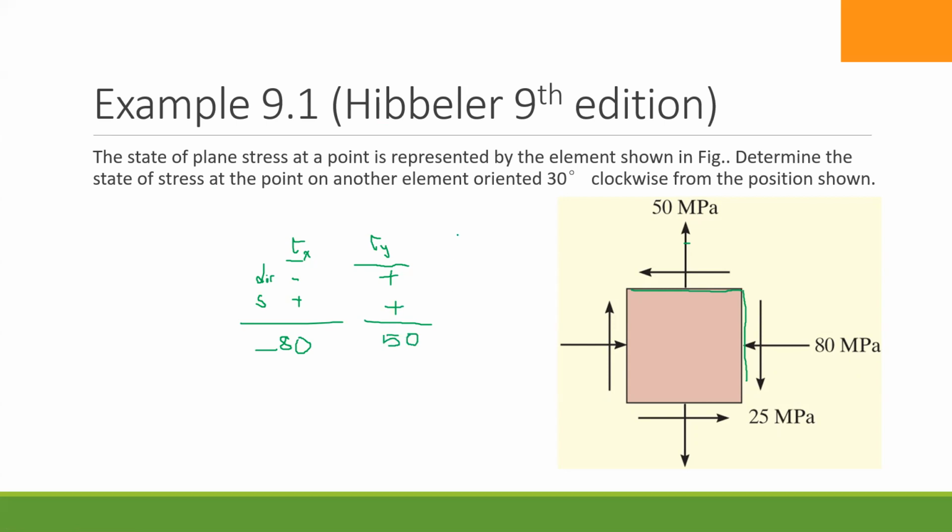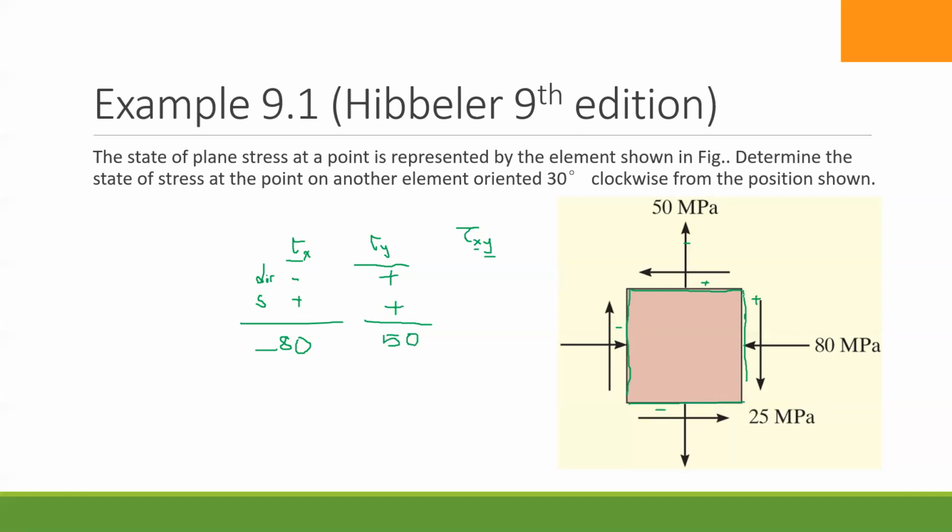Now the more complicated term is tau xy, with the x surface and y direction. Let's start with tau xy, this one. The surface is the positive surface. You remember this is the positive surface, this is the negative surface for x, and this is the negative surface for y.